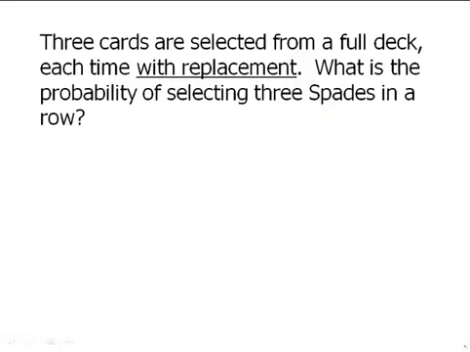3 cards are selected from a full deck each time with replacement. What is the probability of selecting 3 spades in a row? So again, let's make sure that we're perfectly clear on this idea of with replacement. What that means is I shuffle the deck, I pull a card out, I look at it, then I put that card back in the deck, shuffle it again, so that the second card I pick is being picked from a full shuffled deck.